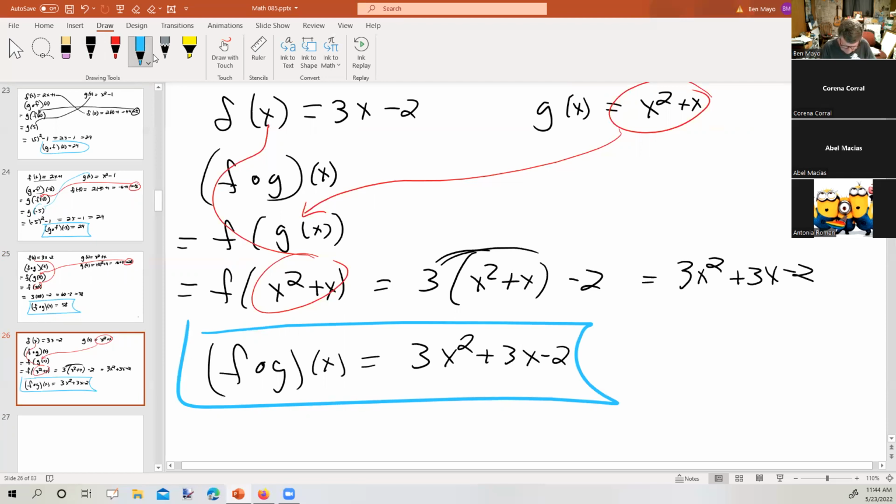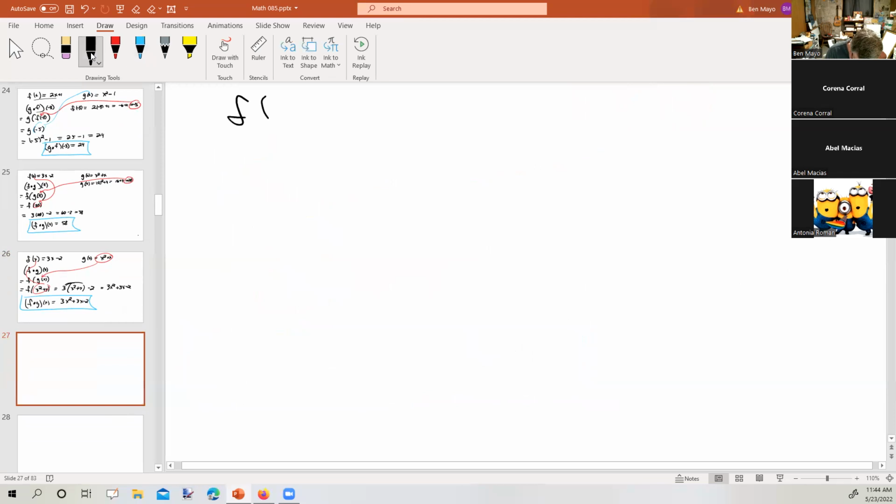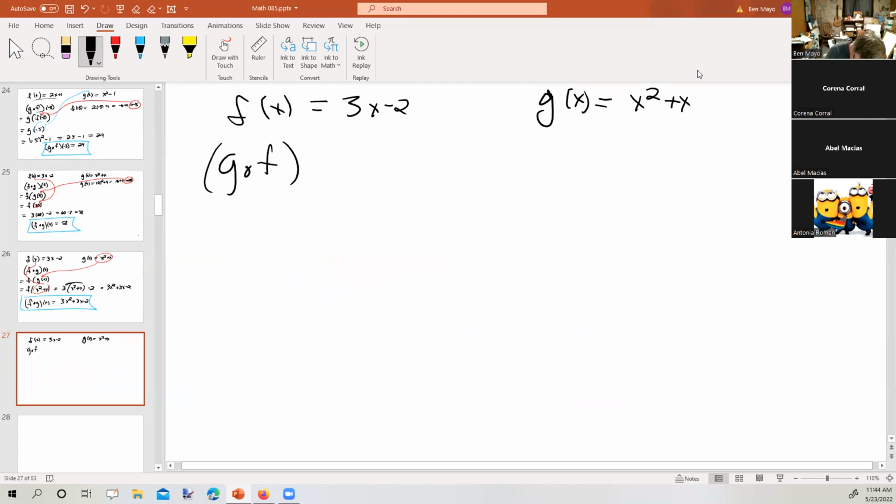Can we do another one like that? Sure. Let's do this one. F of x equals 3x minus 2, and g of x is x squared plus x. Instead of doing f composed with g of x, let's do g composed with f of x.